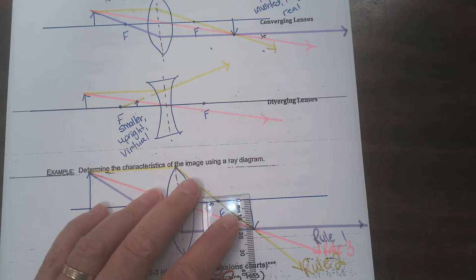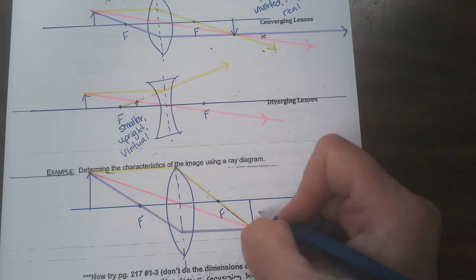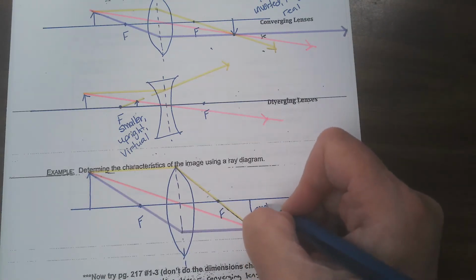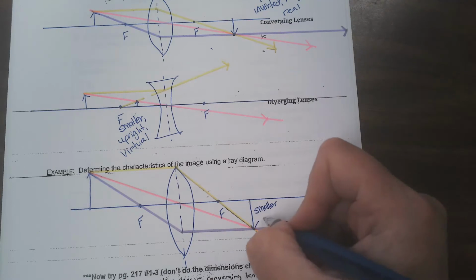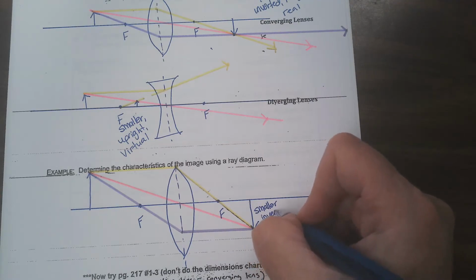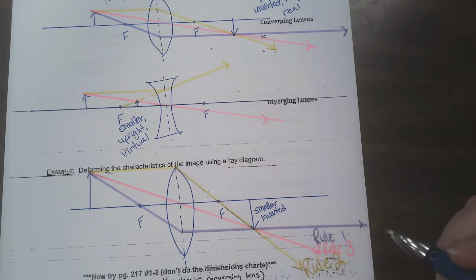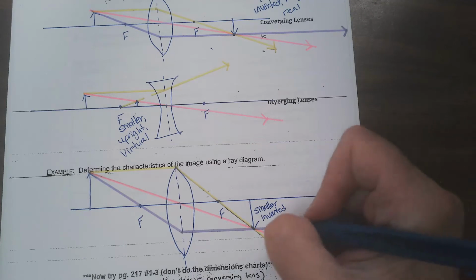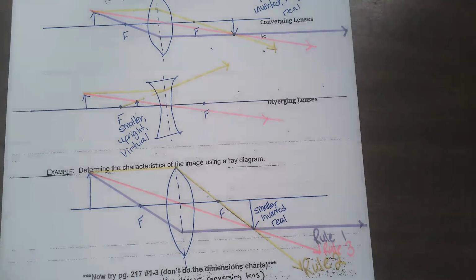Here we're only 17-ish. It's smaller. It's inverted. Did it get projected? Absolutely. So it's a real image. Let's look at one like this.